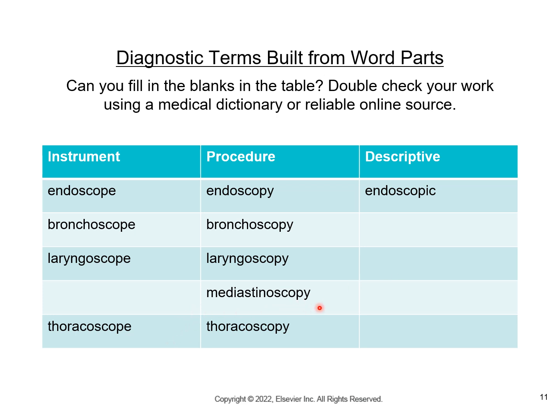A mediastinoscope or laryngoscope can also perform a mediastinoscopy and be mediastinoscopic. That is a mouthful. And a thoracoscope, the procedure is a thoracoscopy, and descriptively it would be thoracoscopic.